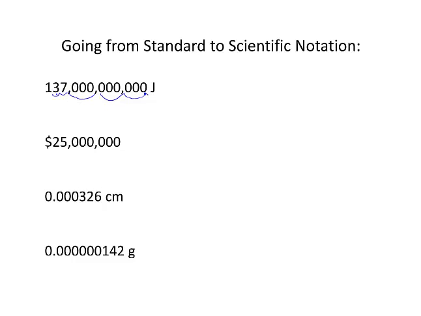I'm going to move the decimal place until I only have one digit in front of the decimal. I'm going to rewrite this then as 1.37 times 10, and now my exponent is going to be the number of spaces I moved the decimal. I moved it 11 spaces, so I'm going to write this 1.37 times 10 to the 11th joules.